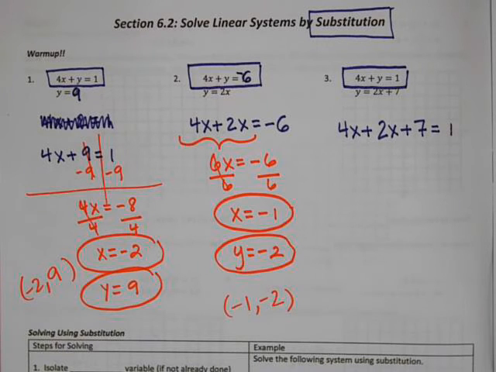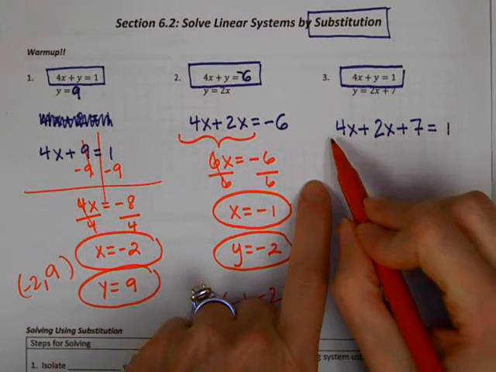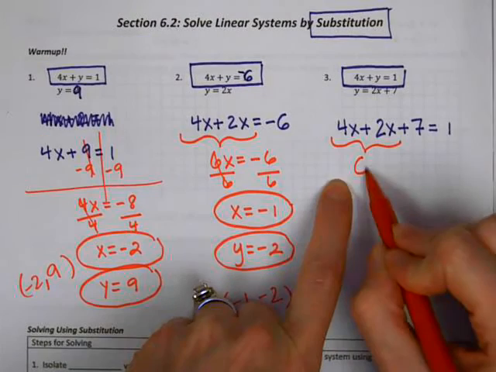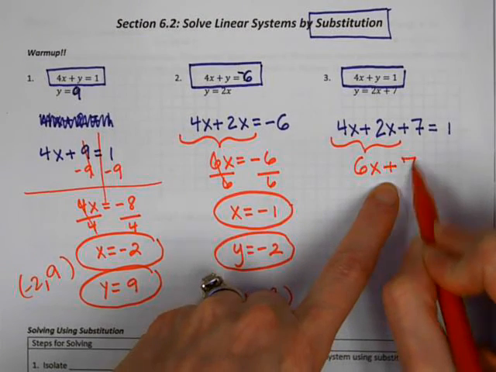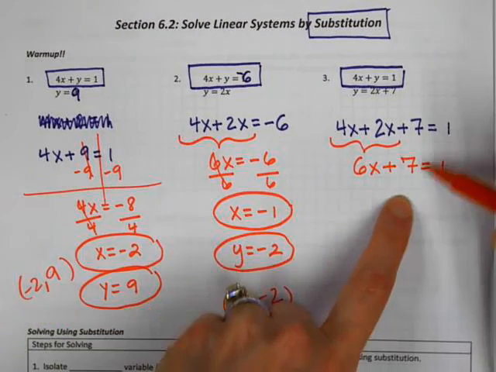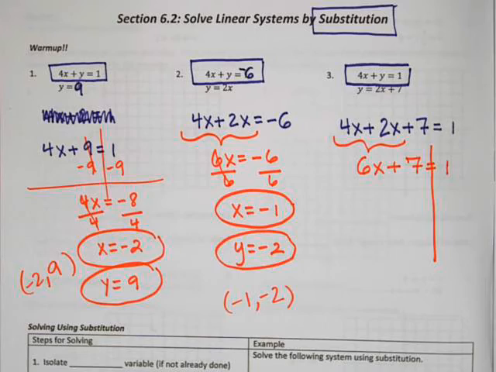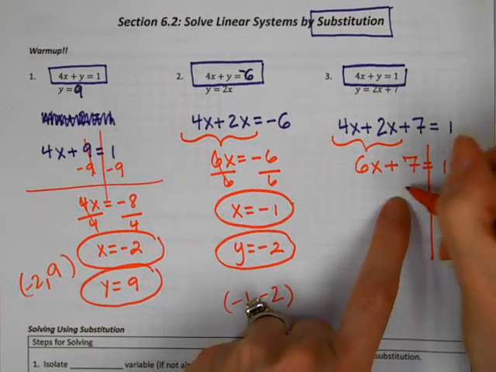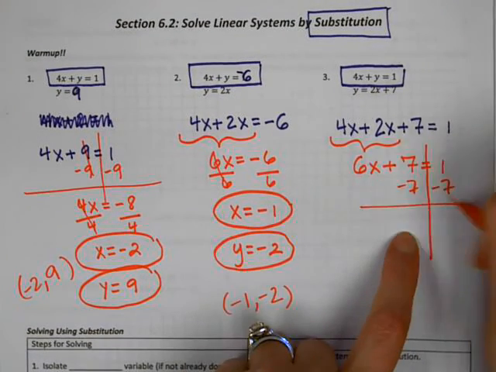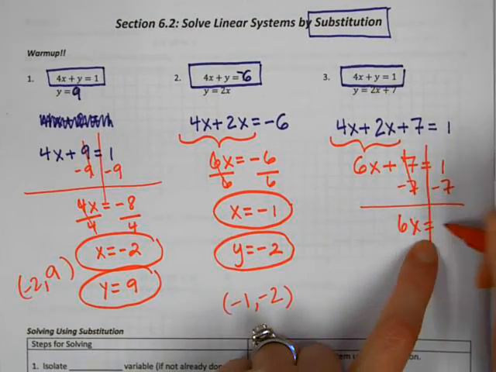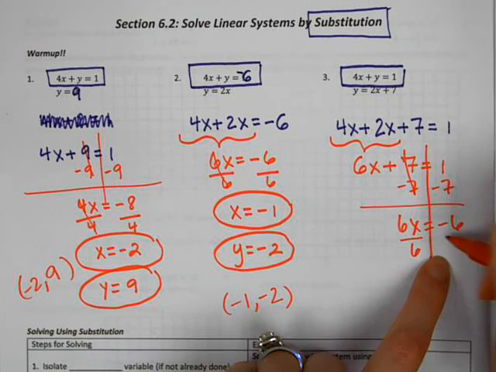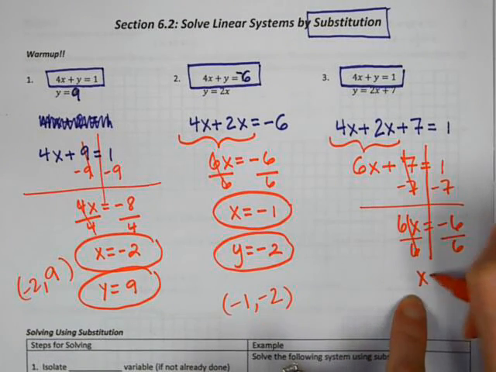And again, you guys know how to solve this. If we add like terms, we have 6x plus 7 equals 1. And then we'll draw the wall and solve. So -7 to both sides. You get 6x equals -6, and then divide by 6 both sides. X is going to be -1.